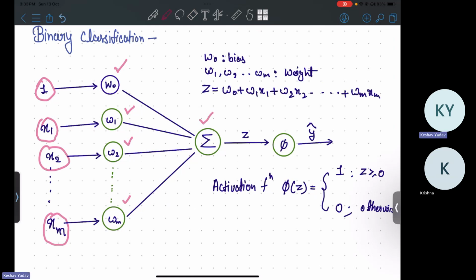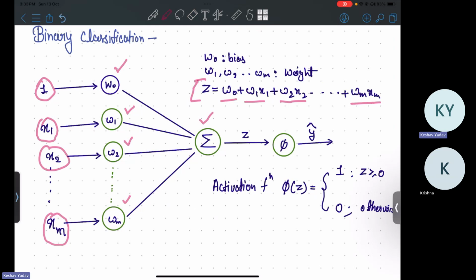Then we find the summation after the inner product of these, so z will be equal to w0 plus w1 x1 plus w2 x2 and so on up to wm xm, similar to multiple linear regression.